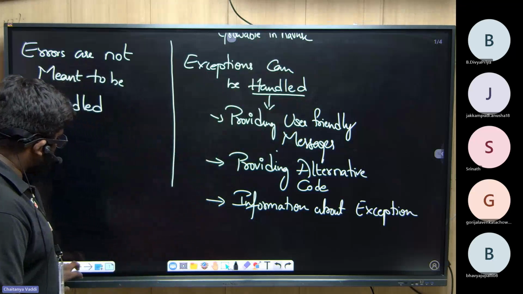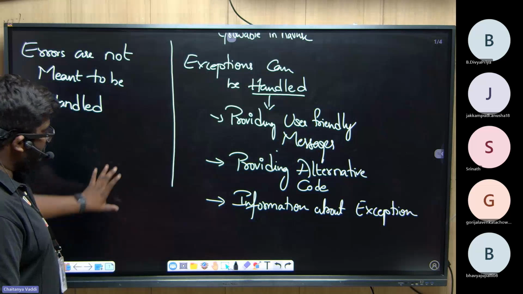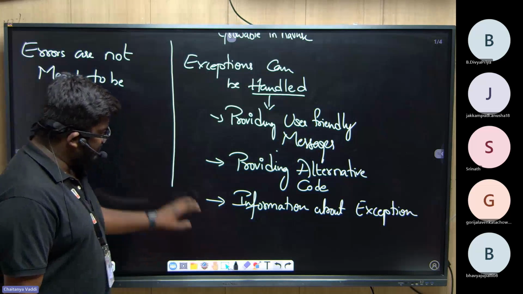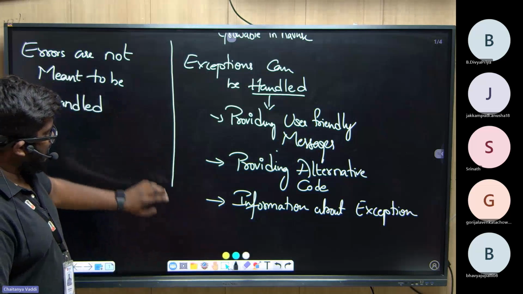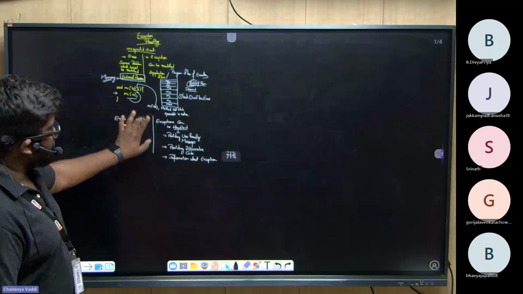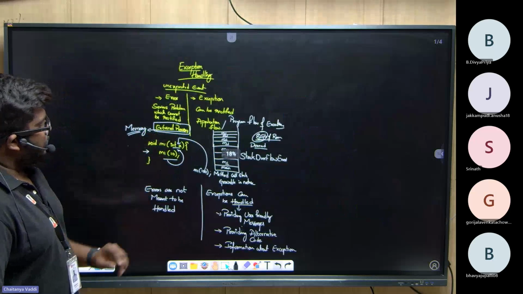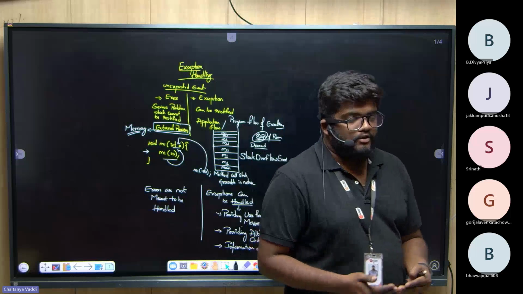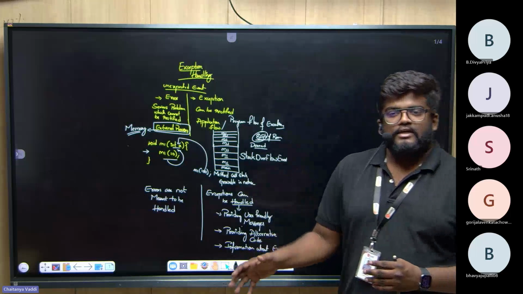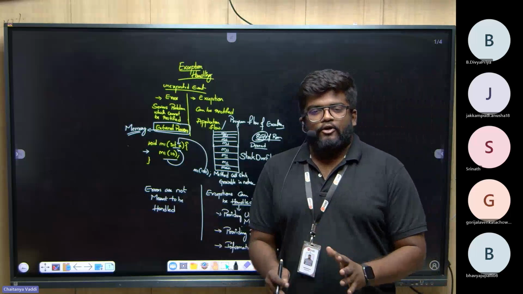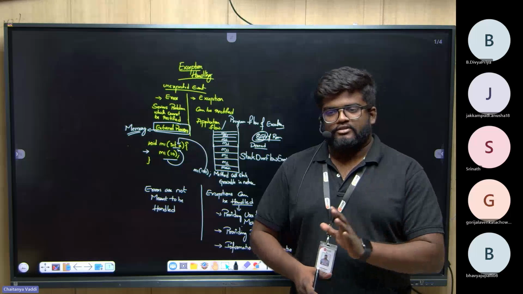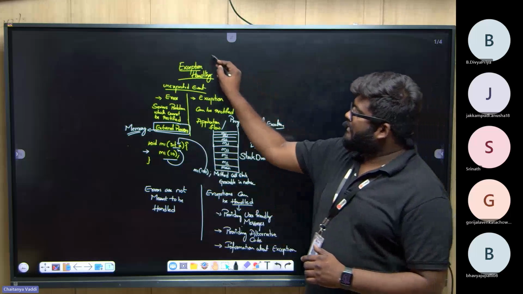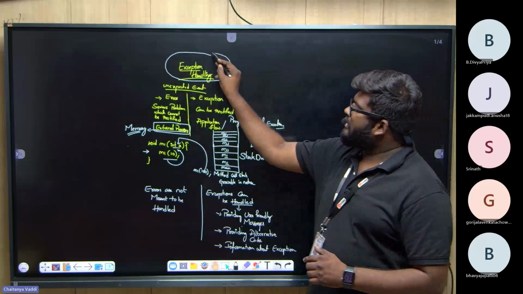But as of now, this is a brief introduction about what exactly an error is and what exactly an exception is. We have to talk about this in the perspective of exceptions always, because in Java errors cannot be handled and only exceptions can be handled, and that is the reason why we have a topic named exception handling.